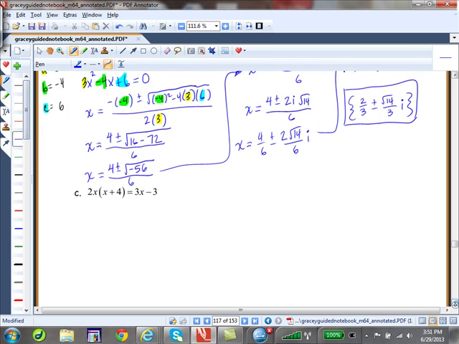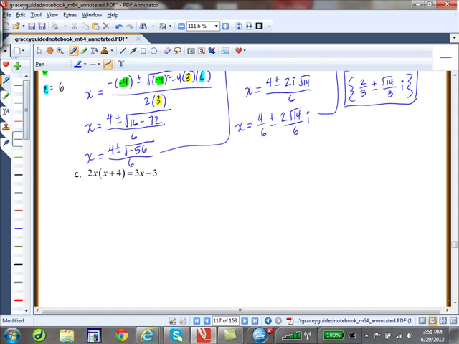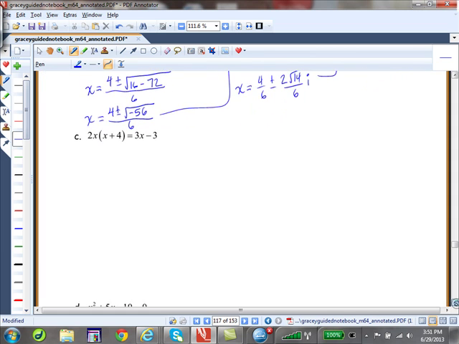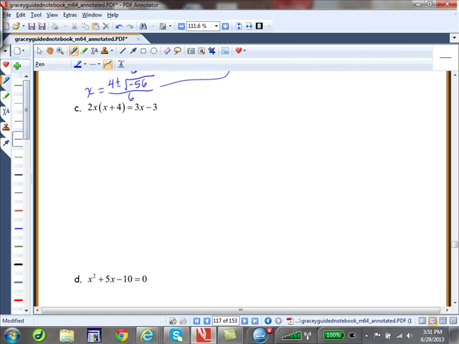Awesome. Okay. Now, what about part C? What the heck do we need to do here? Good. We got to multiply all this stuff out and get it into standard form. So we're going to have 2x squared plus 8x. We need to take these to the other side. So we subtract 3x from both sides and add 3.